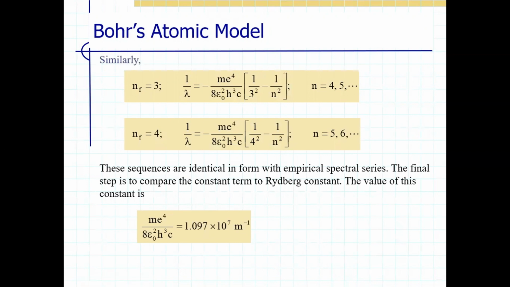And therefore, the steps that were taken to interpret the atom were correct. So when an electron falls from a high energy level to a low energy level, it emits photons, and the wavelength of the photon can be computed using this relationship, and the quantum numbers are really responsible.